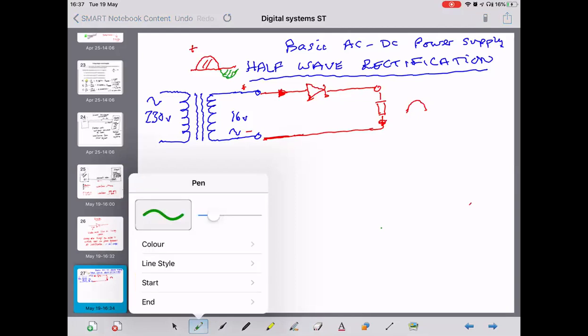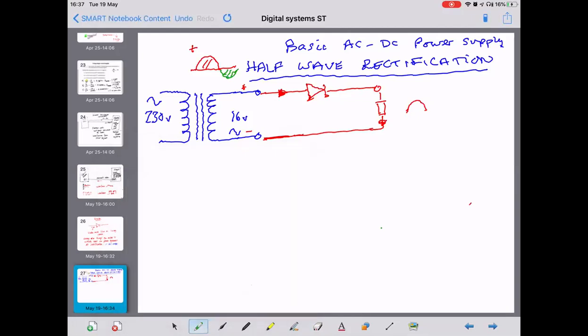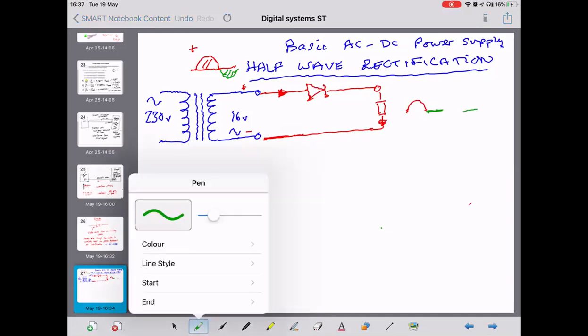We don't get any output. And then when that comes back to the red half cycle again, we get the red half cycle like so.